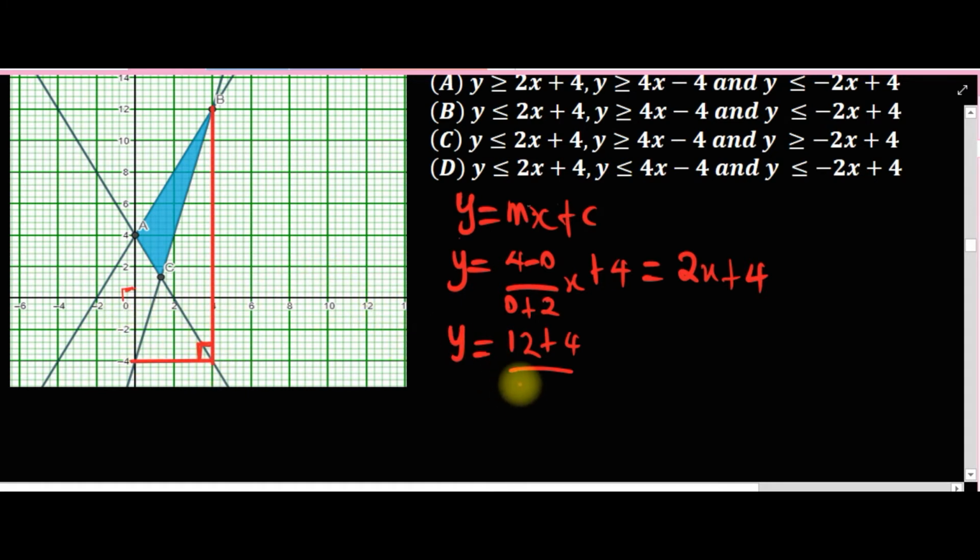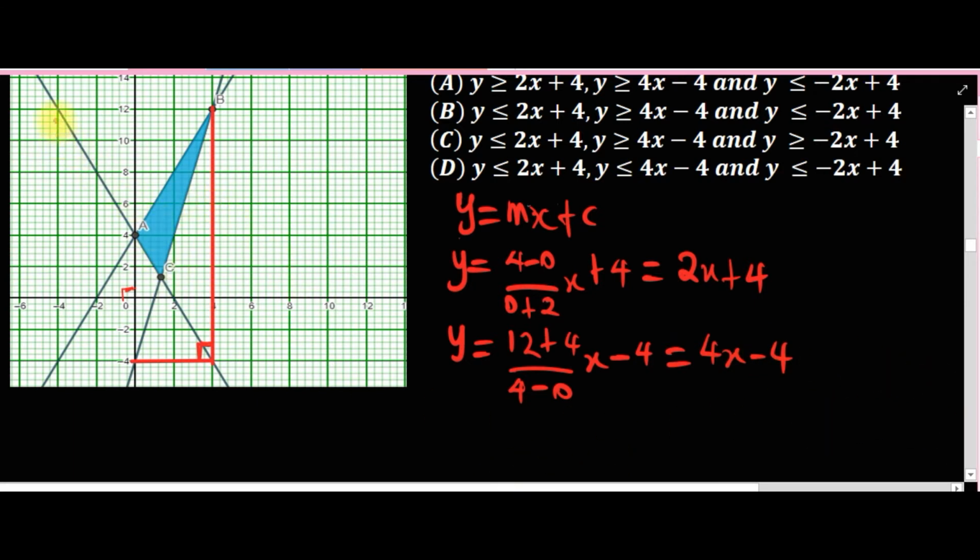The y-intercept is minus 4. So I have 16 over 4, which is 4. So 4x minus 4. That's the second equation.